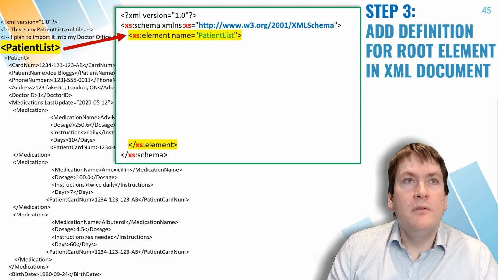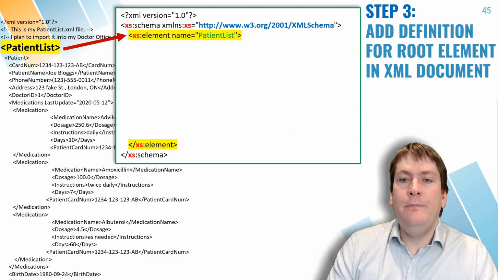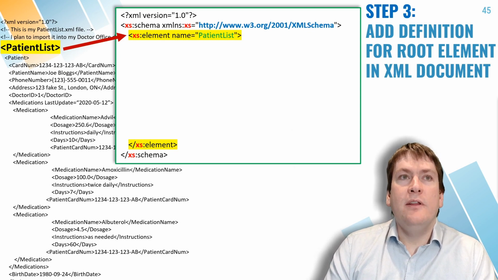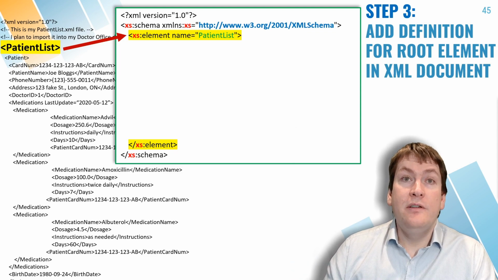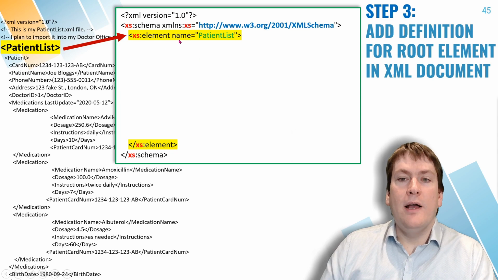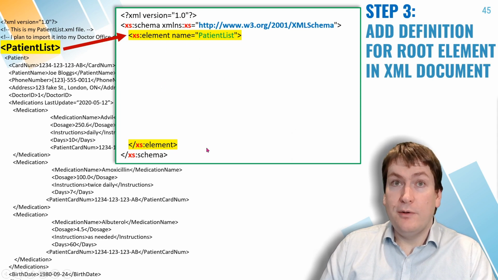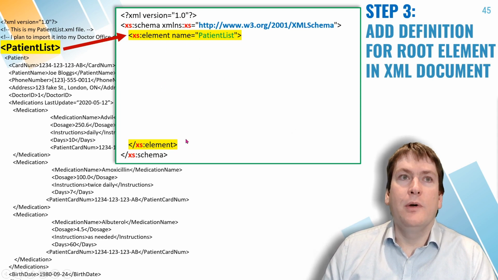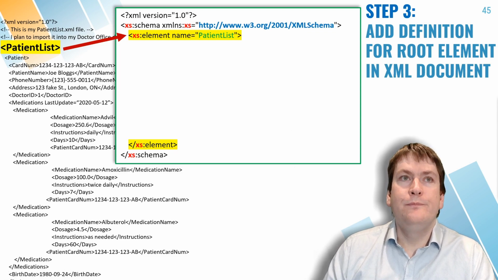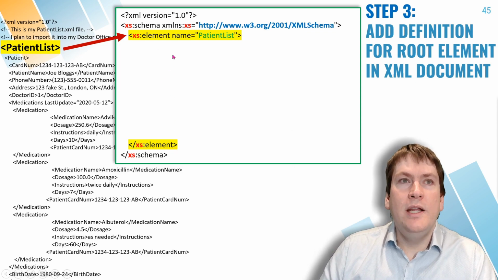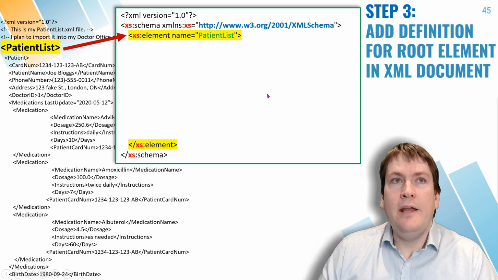So we're going to add a new element tag in our schema with the name equals patient list. That defines that there's going to be an element, and it has to be named patient list. Because we opened up a new element, we're going to add a matching closing element. Like I said, we always want to close it as we open them. And we're just going to put a lot of space in between because we don't know how long this is going to be yet, but we do know the other things are going to go in here.